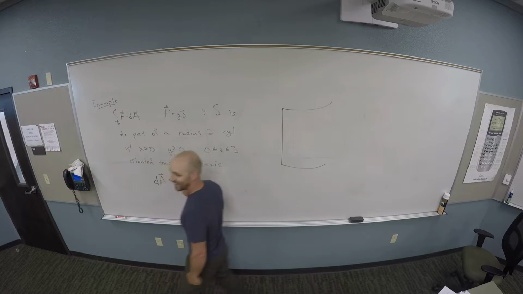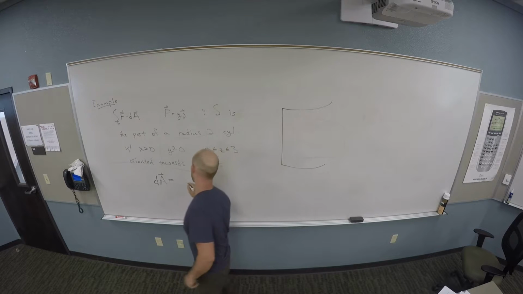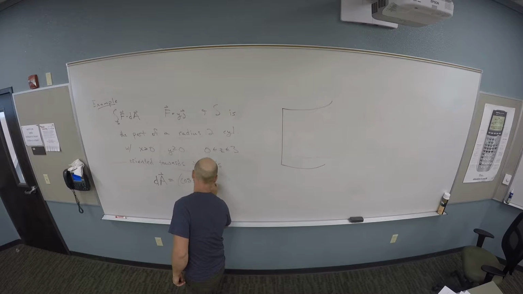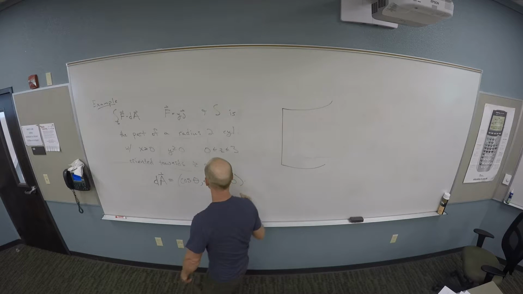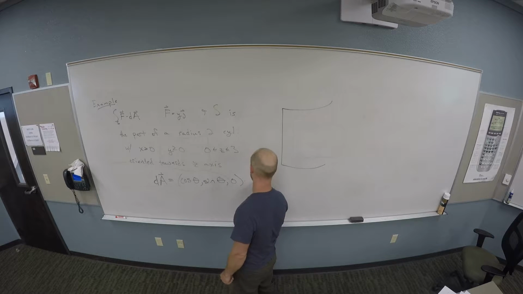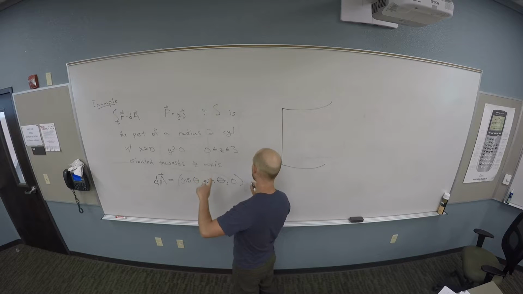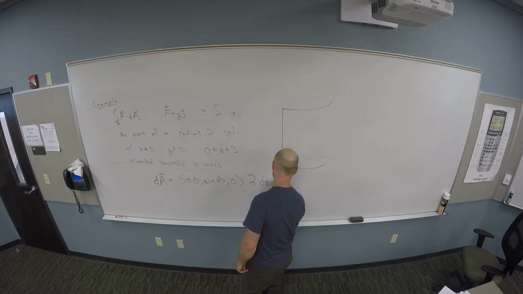What was the area again? Okay, cosine theta, sine theta, and 0, times r. What's r? Perfect. The radius is 2 in this case. And then there's times dz d theta.